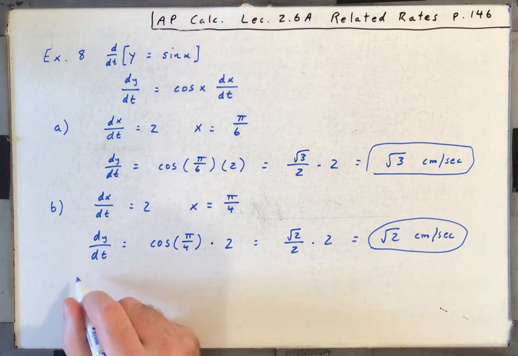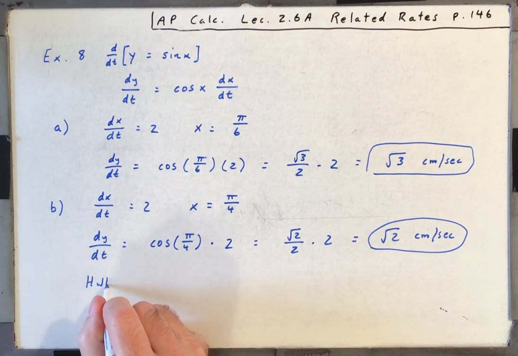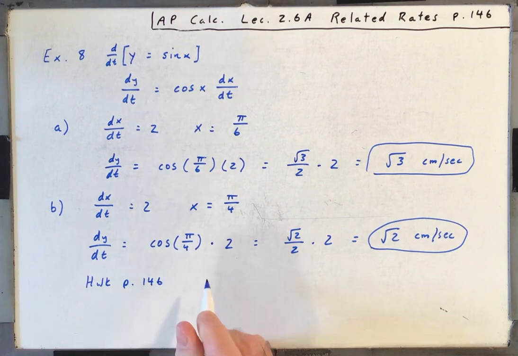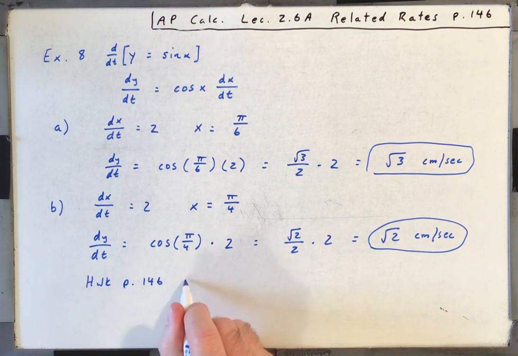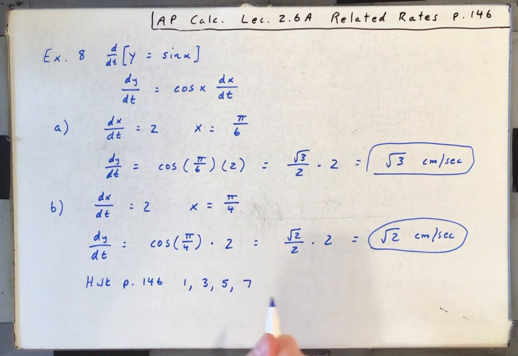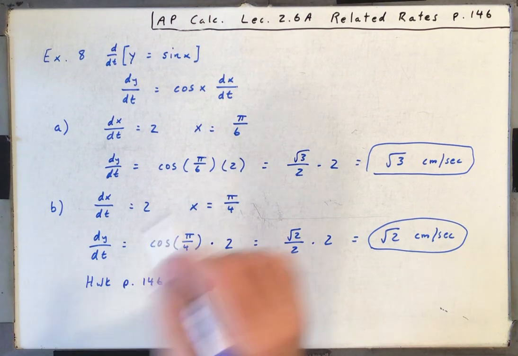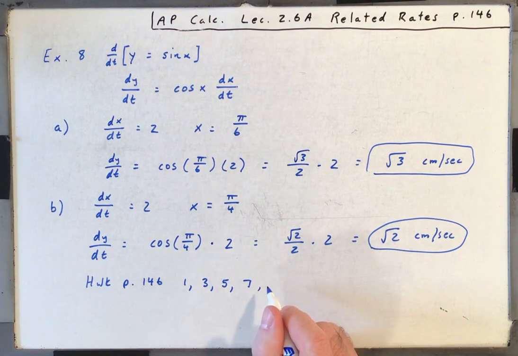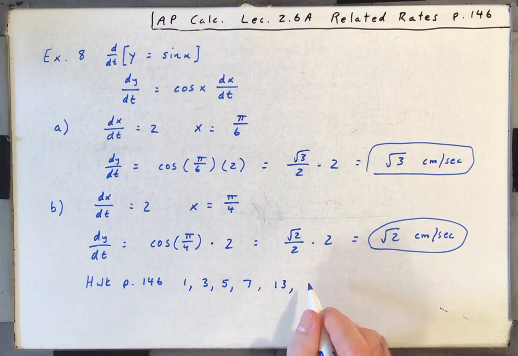So let's talk about the homework. The homework is on page 146. You're going to do 1, 3, 5, and 7. Those are from these last two examples, okay? So you should be able to use those examples to try to get the answer. And then there's a couple of word problems, 13 and 17.